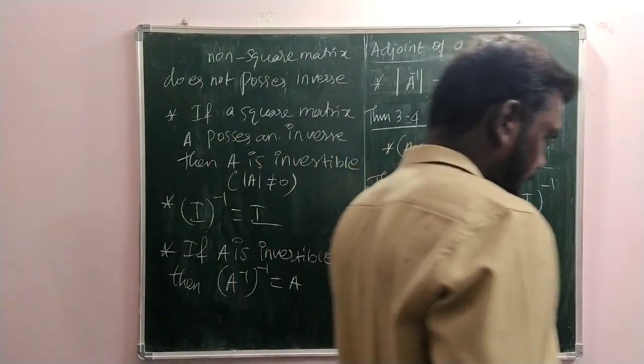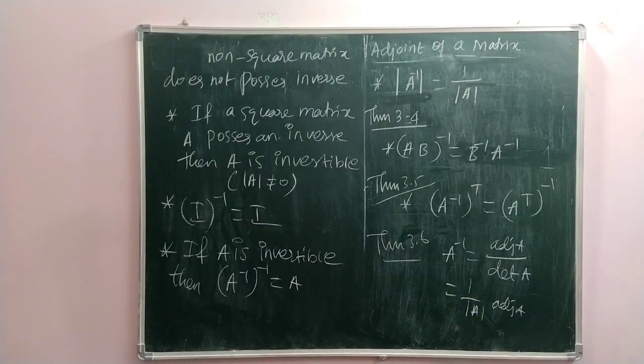Network is fluctuating. Right part first. A inverse whole determinant. Yes, I'll explain it.